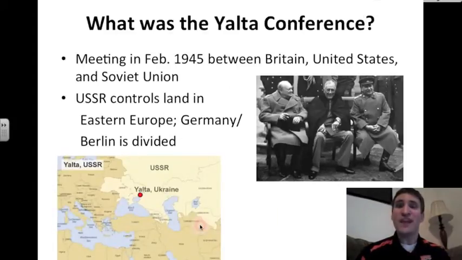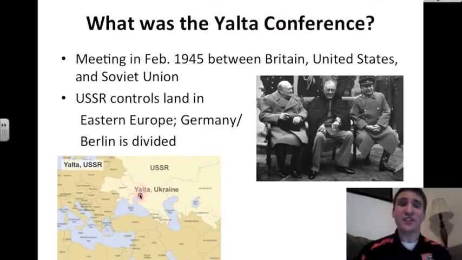The first major meeting of the Cold War was the Yalta Conference. Yalta is in present-day Ukraine, just west of the Soviet Union. Here it is. And it was a meeting in February 1945 between Britain and its Prime Minister, Winston Churchill, the United States, and its president at the time, Franklin Roosevelt.